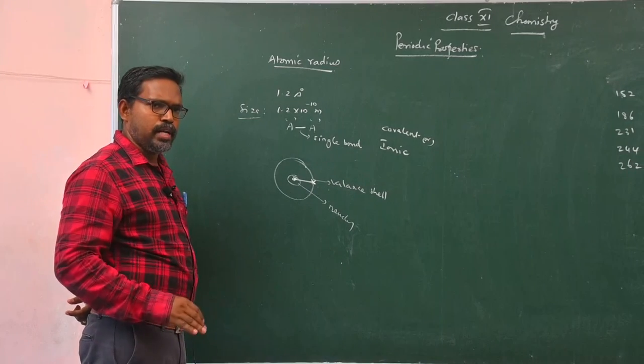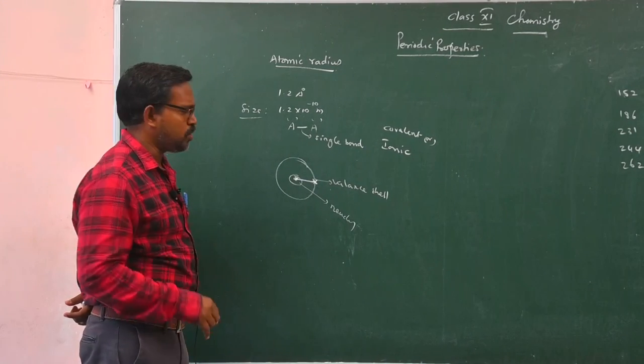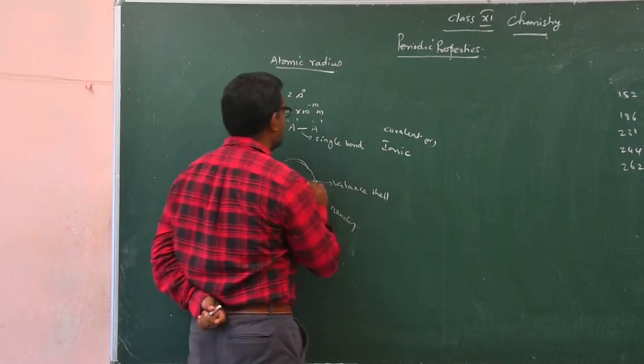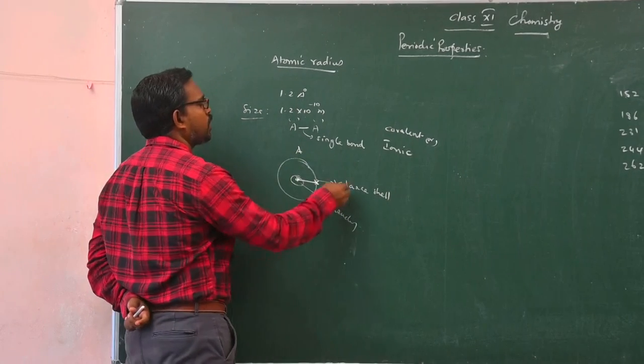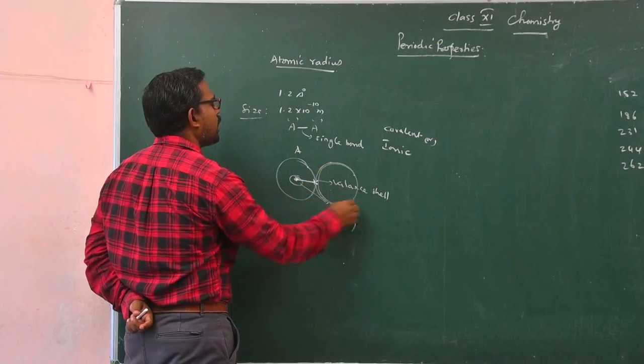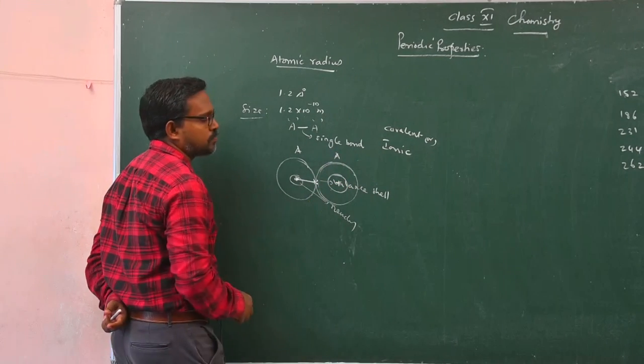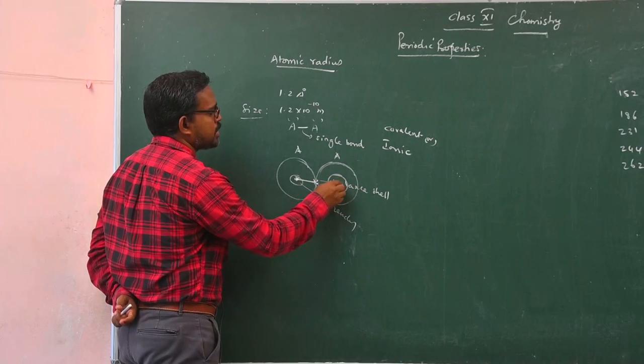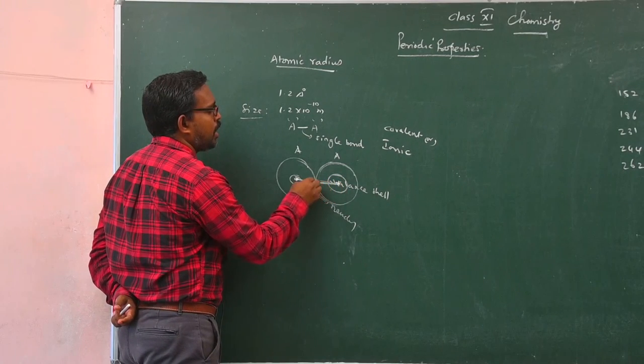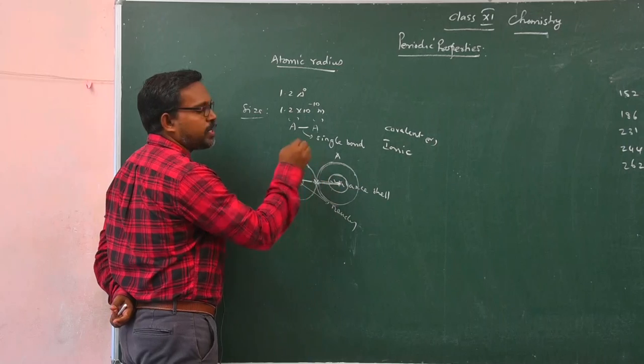So, how to define atomic radius in the molecular form? For example, here is an atom A, and this is another atom A, with its center.